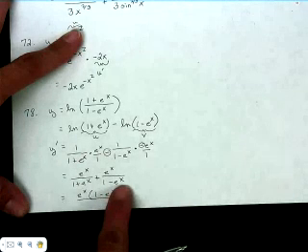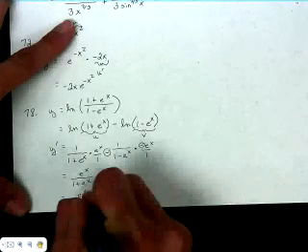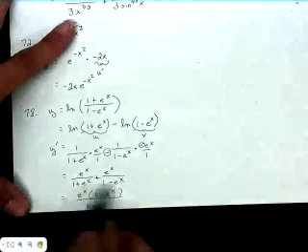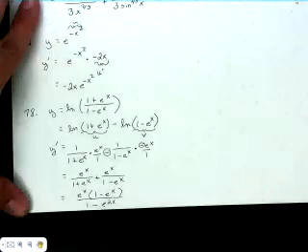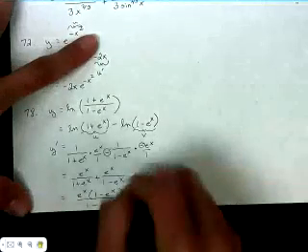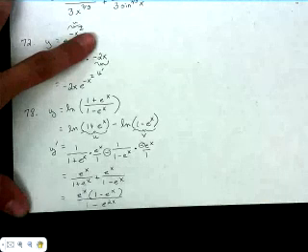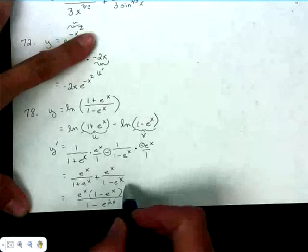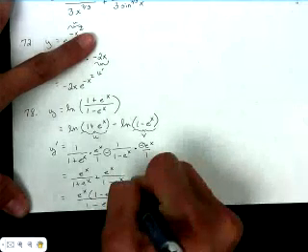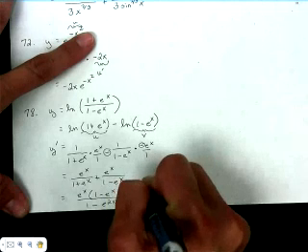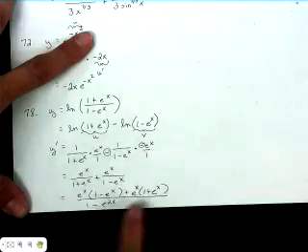When you FOIL it, the outer and the inner terms are going to cancel, and that's going to leave you 1 minus e to the, add the exponents, and you get e to the 2x. And then you would have to multiply your second term by 1 plus e to the x over itself. And that would be over the LCD.